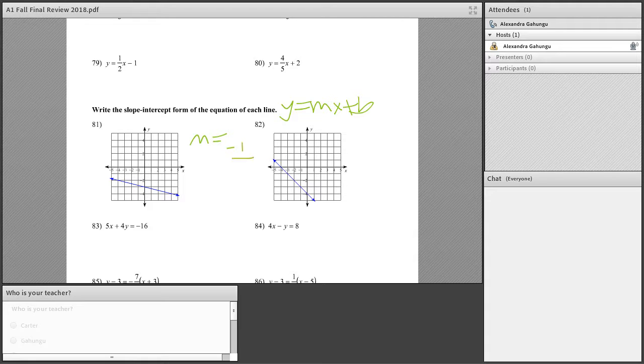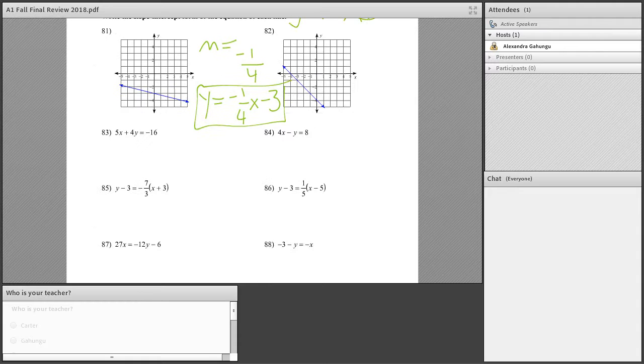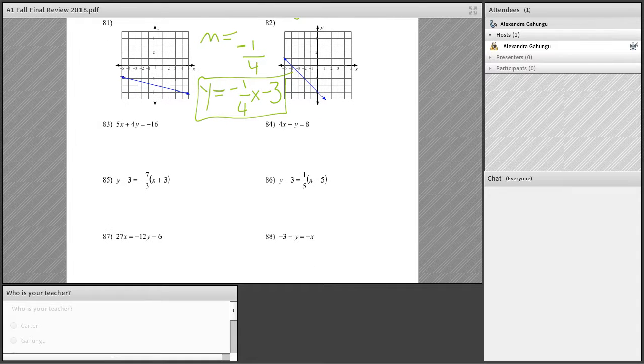You went down 1 and over how many? 1, 2, 3, 4. And the y-intercept is -3. So y is equal to -1/4 x minus 3. So that's how you write the equation of that line in slope-intercept form.